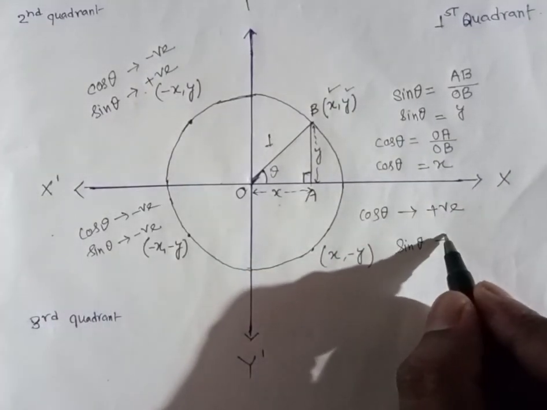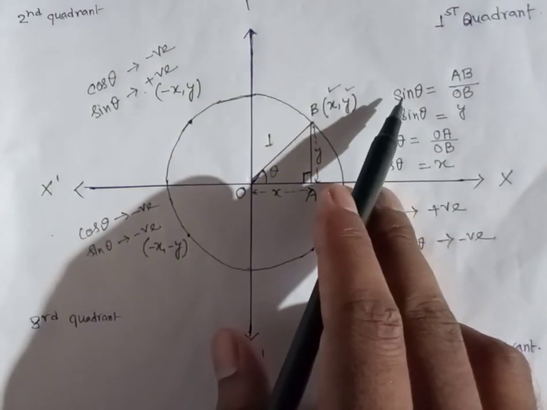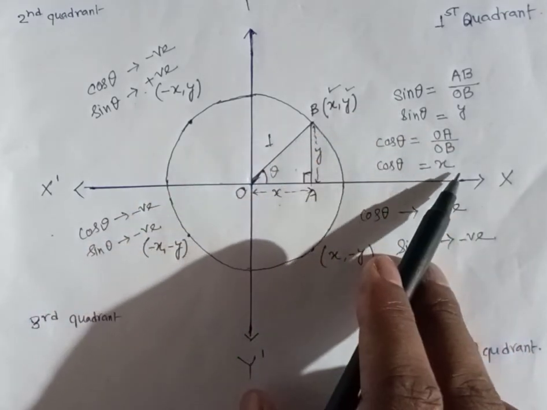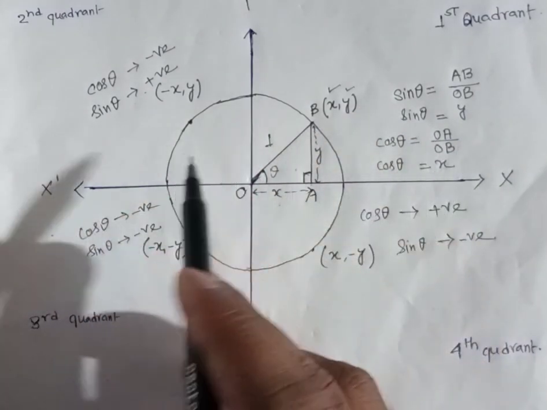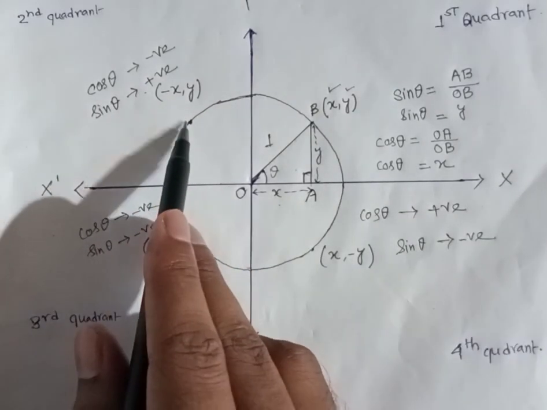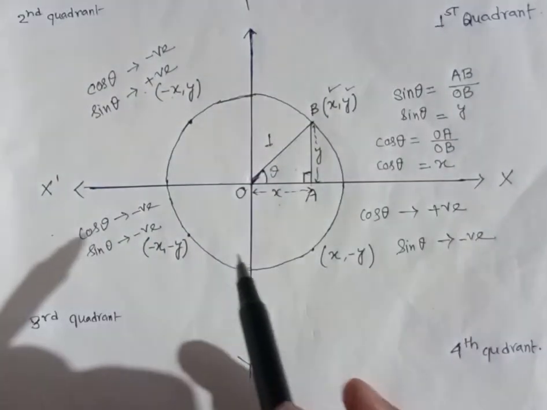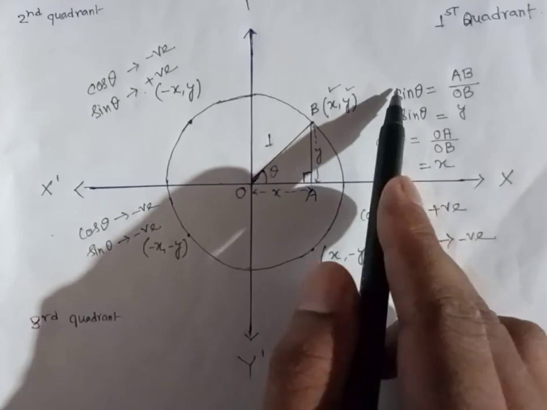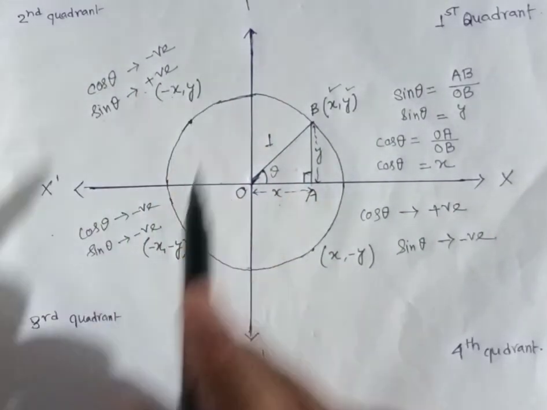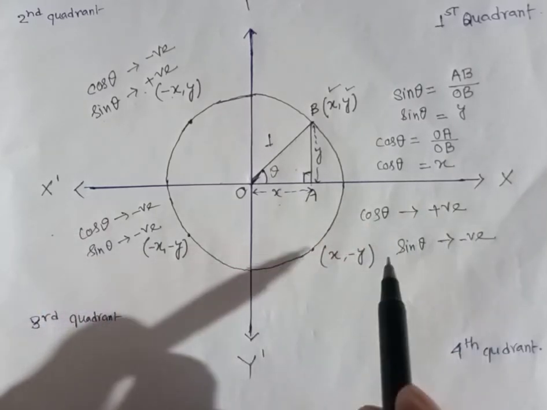So we get that sin theta is the y coordinate and cos theta is the x coordinate. So we all know the sign of the x coordinate and y coordinate in all four quadrants. In the first quadrant both sin and cos are positive, in the second quadrant cos is negative and sin is positive, in the third quadrant both are negative, in the fourth quadrant cos is positive and sin is negative.